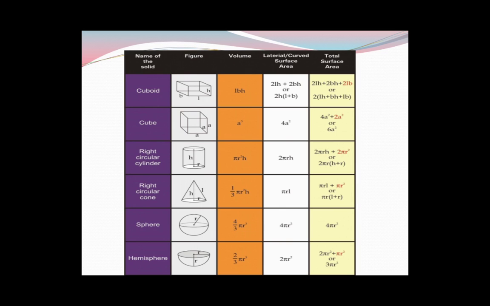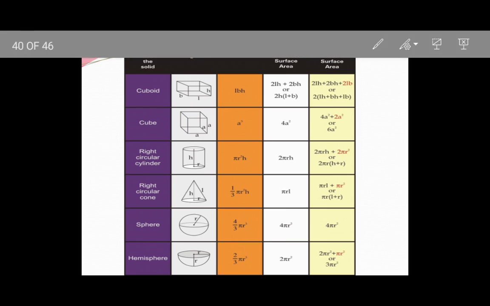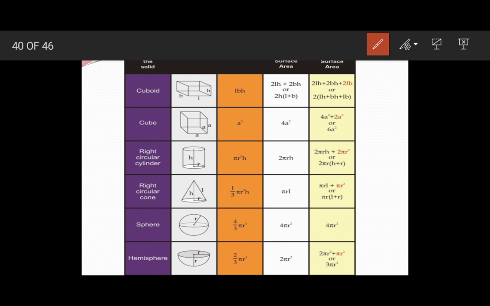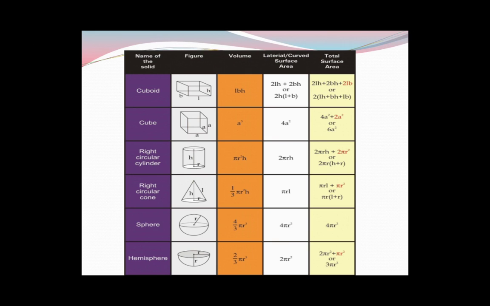Now class, let us see the formulas of solid figures. So first one is cuboid, right? Then the diagram will be like this. Here B is a base, okay? L is the length, B is the breadth and H is the height. Then the formula for volume will be LBH, okay?